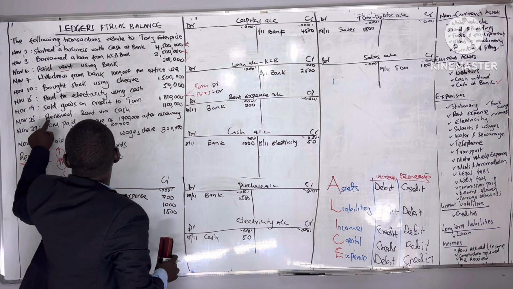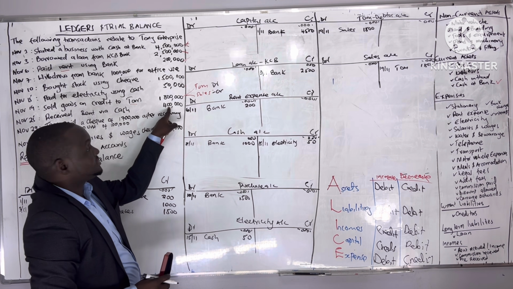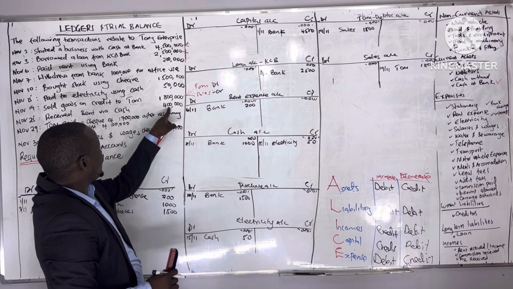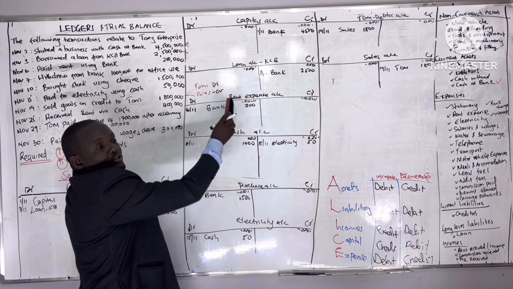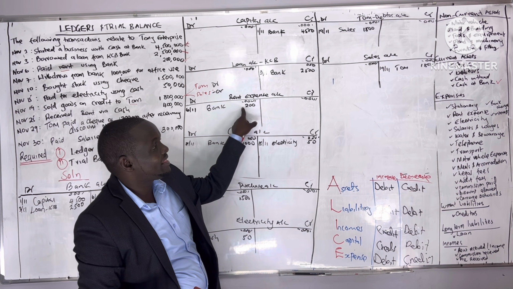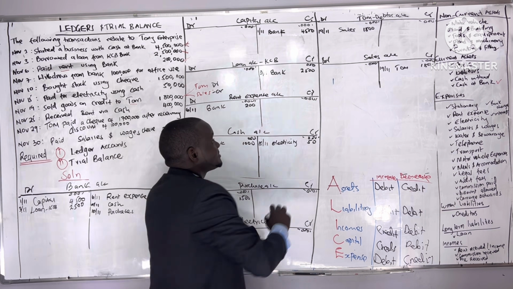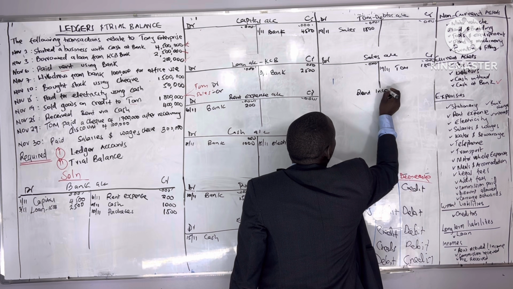The next one, received rent via cash, 400,000. When you receive rent, that is an income. You can't record it with expenses; you don't mix incomes with expenses. So we open another account called rent income.